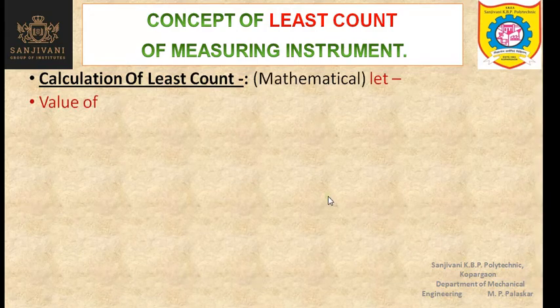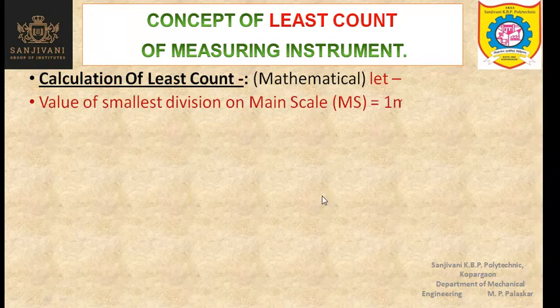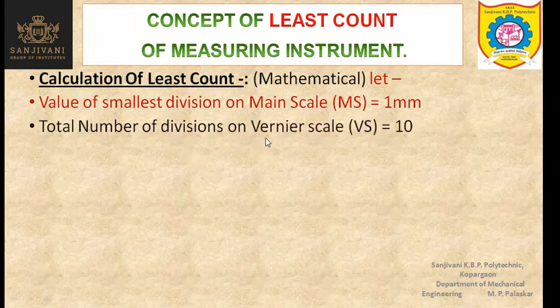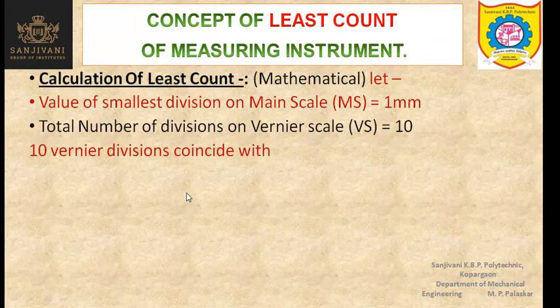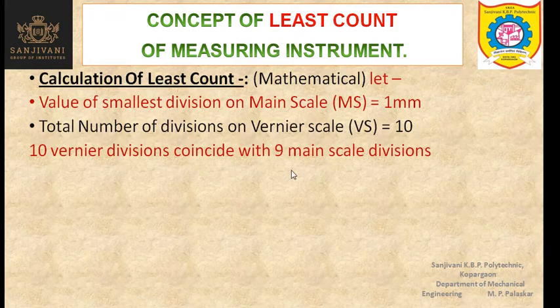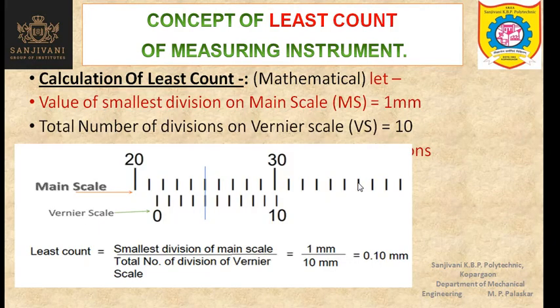So there is one more way of finding, one more mathematical formula for finding the least count of a vernier caliper. Again, imagine that the value of the smallest division on the main scale is 1 millimeter. The total number of divisions on the vernier scale is 10. Now 10 vernier divisions coincide with 9 main scale divisions, like this.